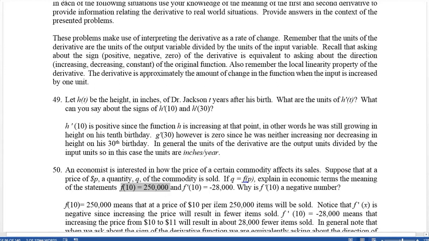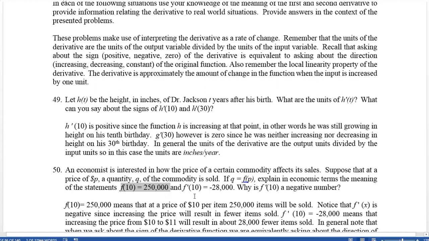Why is that negative? Well, to say that the derivative is negative is to say that the original function f, or Q, is decreasing. Remember, you always increase the input variable when you're talking about whether a function is increasing or decreasing, and you see what happens to the output variable. So here, if we increase the input variable, so we increase the price per item, what's going to happen?